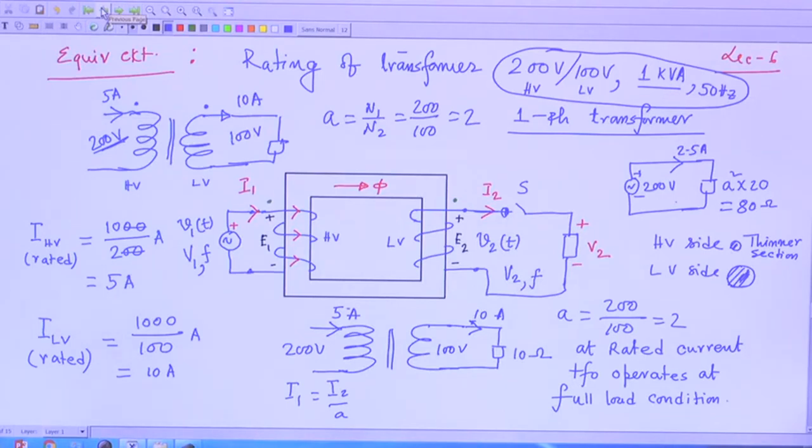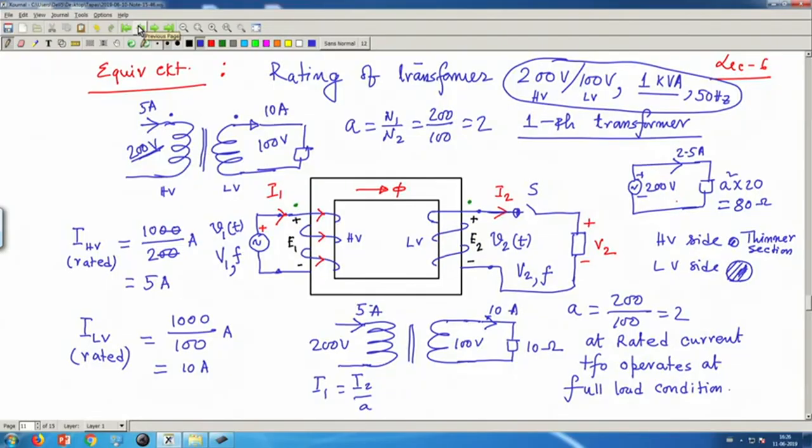Therefore, cross sectional area of the wire with which you make this LV winding will be larger compared to the cross sectional area of the wire of the HV side. Of course, the voltage ratings I have just taken so that calculations become easier, 200 volt stroke 100 volt, but in practice voltage ratings could be one side of kilovolts, another side may be 220 volt or 440 volt.